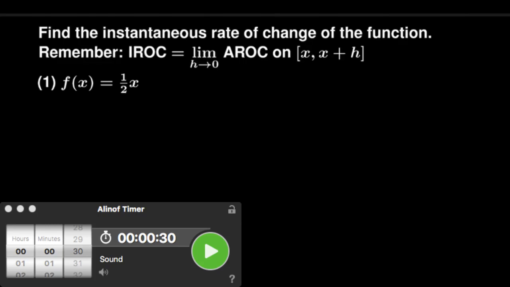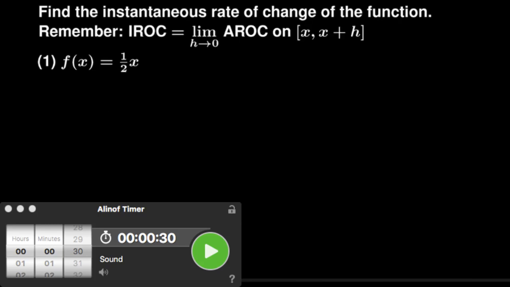Instantaneous rate of change of the function, specifically from here to there. So we're gonna work through some of these problems. I'll just do the first one, and then I'll have you do the rest on your own and we check it.